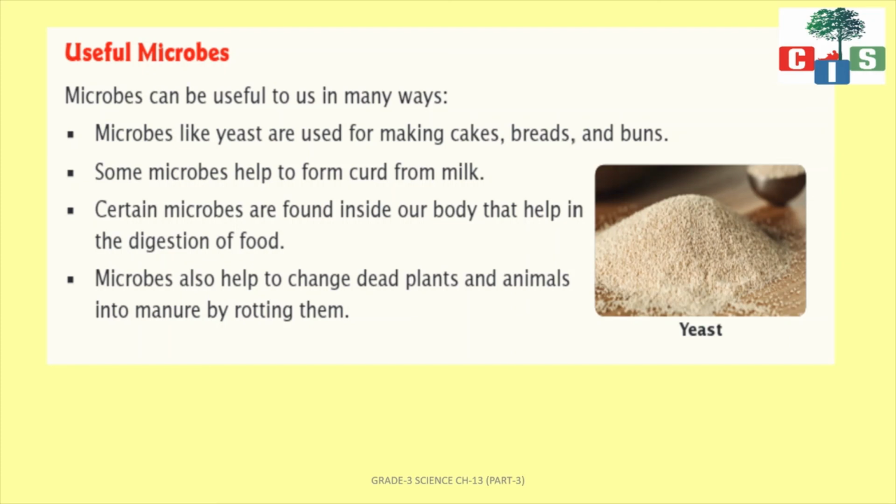Then some microbes also help to change dead plants and animals into manure by rotting them. Yes, when we dig a pit, we can put the plants and dead animals inside it, and they will convert into manure. So microbes help these dead plants and animals convert into manure.